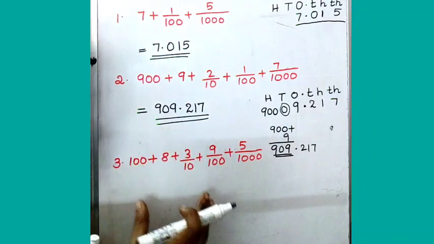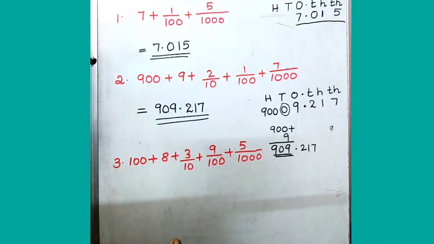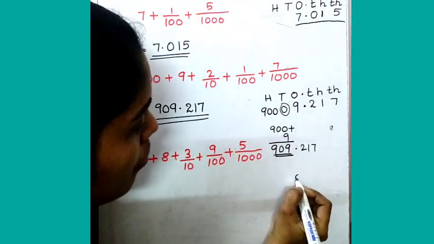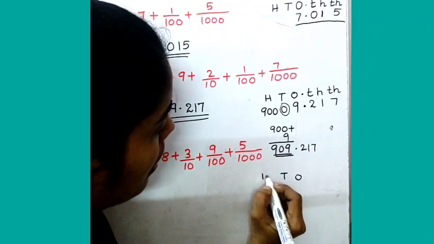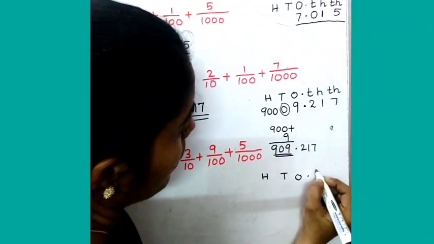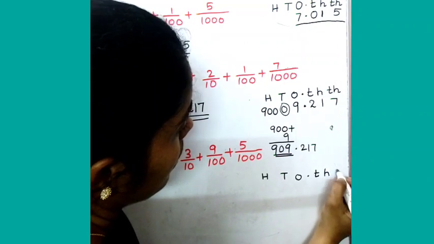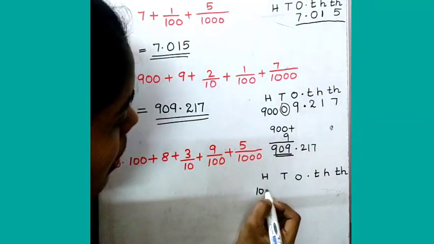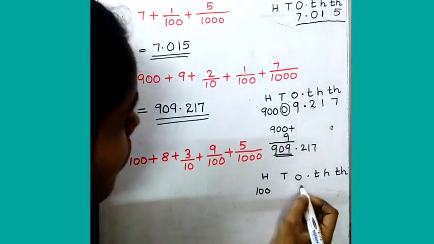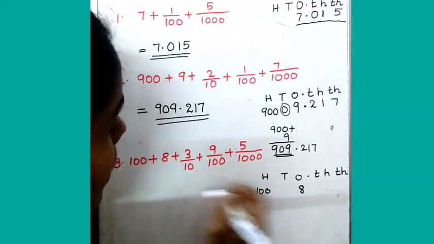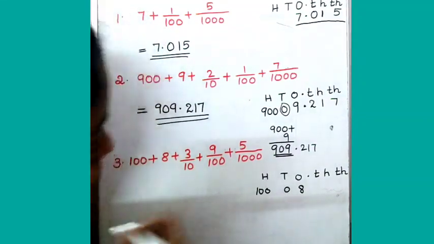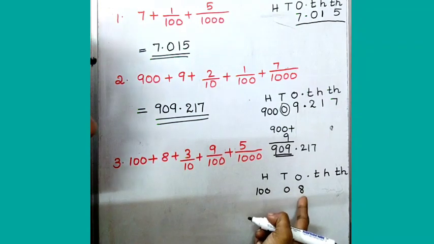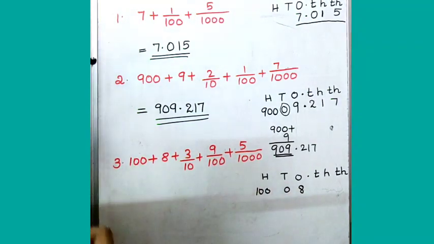If it is confusing, please write the place value chart here: ones, tens, hundreds, point, tenth, hundredth and thousandth. 100 in the hundreds place, then ones place 8. Tens place it is 0. So you can add it easily as 100 plus 8, 108.